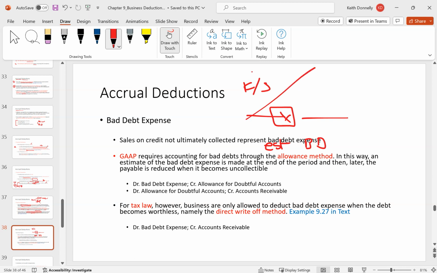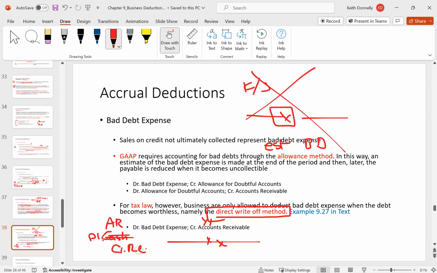For tax, we don't do that. For tax, we use the direct write-off method. So what that says is, in year 1, we make some sales on account. Debit accounts receivable, it's not cash, it's receivable, credit revenue.